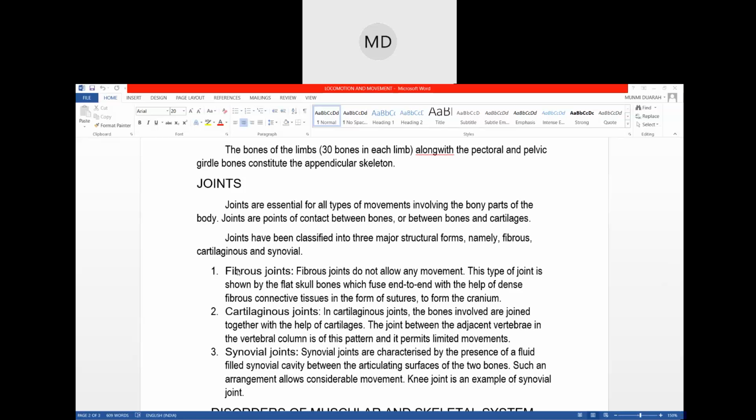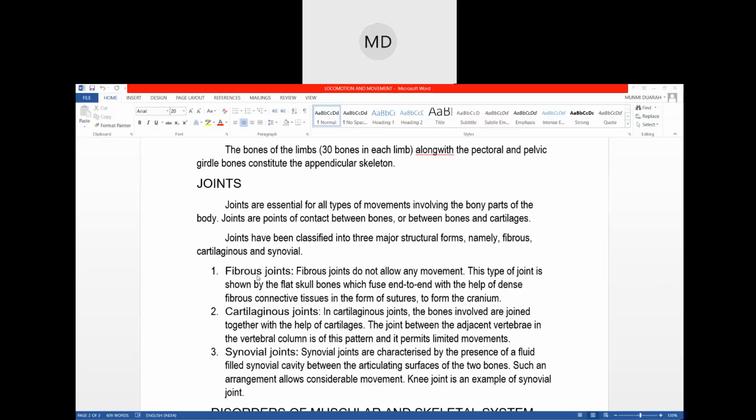So there are 3 types of joints: fibrous, cartilaginous and synovial. These types of joints allow movement, but the movement they allow also differs. Some joints allow a lot of movement, some allow 360 degree movement, some allow only 90-degree movement, and some do not allow movement, or only limited movement.